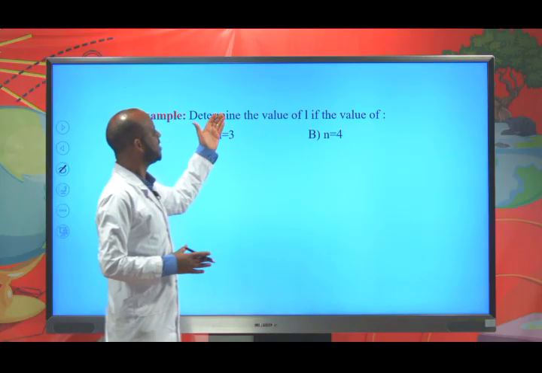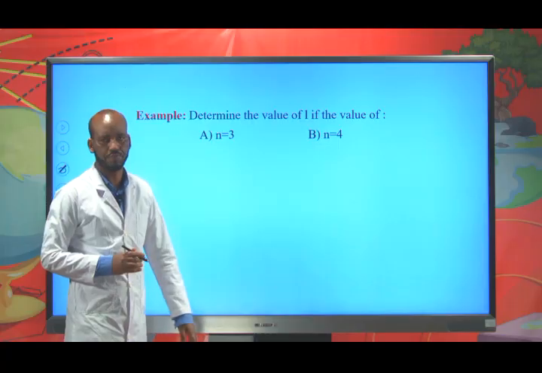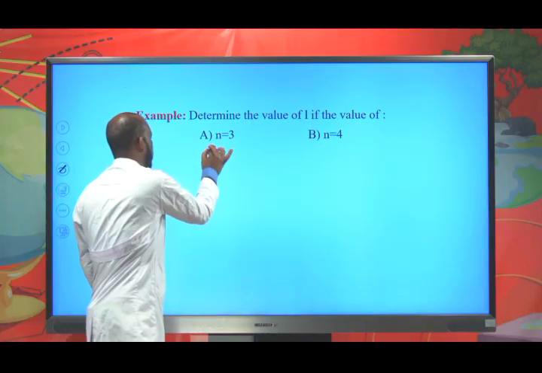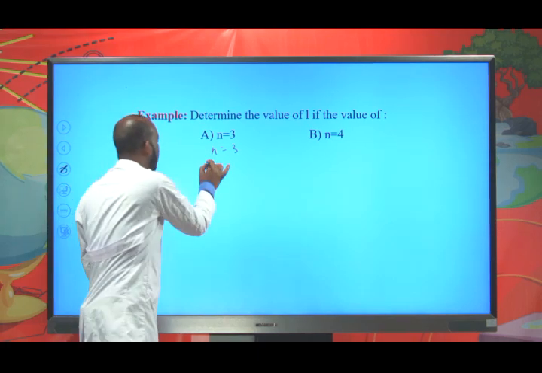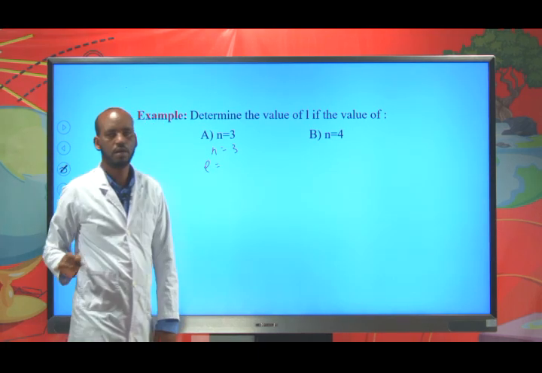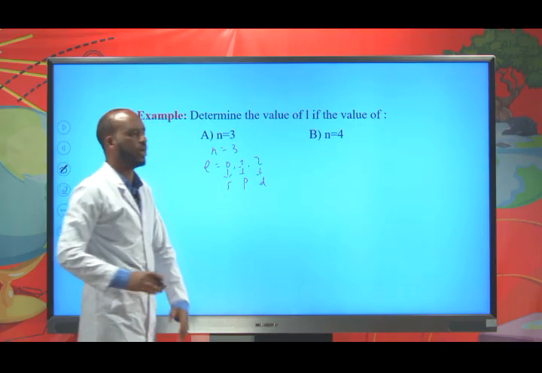Example: determine the value of L if the value of n is equal to 3. If n is equal to 3, the possible values of L are from 0 to n minus 1: 0, 1, 2. L equals 0 is s subshell, L equals 1 is p subshell, L equals 2 is d subshell.